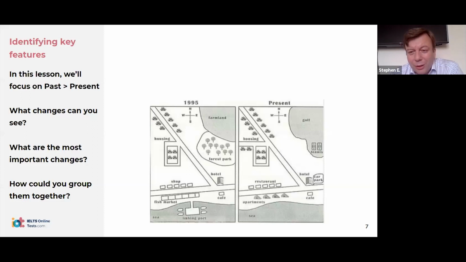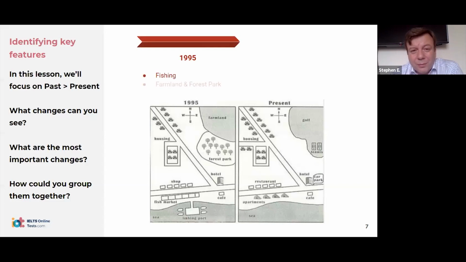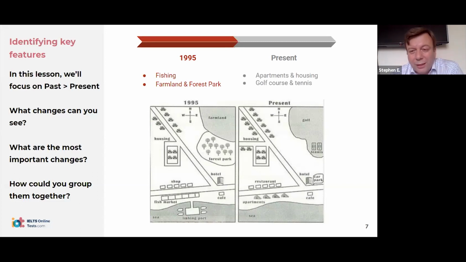Fishing port, fish market, shops and restaurants, very good. Okay, so we've got fishing, farmland and forest park, so yeah, everyone's on the right lines, present, apartments and housing, and then we've got the golf course and tennis courts. Okay, very good.